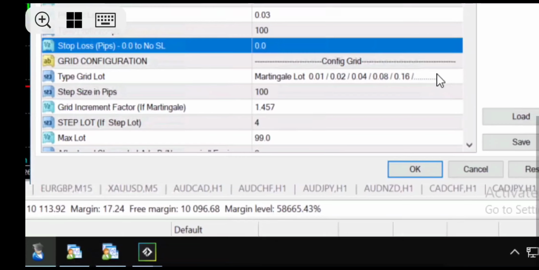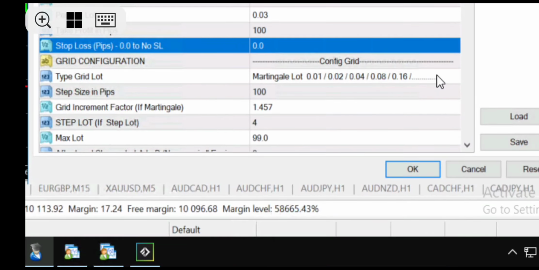Now if you want to use martingale, martingale simply means multiplying the initial lot by a factor you've given it. So let's say my starting lot is 0.01 and my factor for martingale is 2, then the next lot will be 0.02.